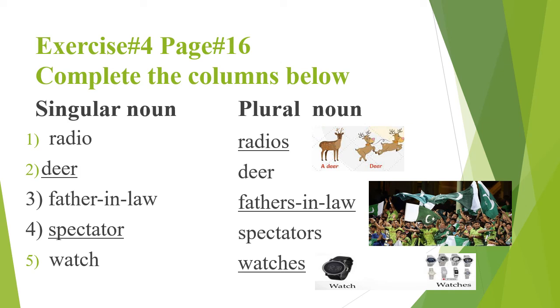Number 5, watch. Singular noun is given. Its plural noun is watches. Dear students, we have read it. The singular nouns that end in CH, when we make their plural, we add ES. So, watch, watches.